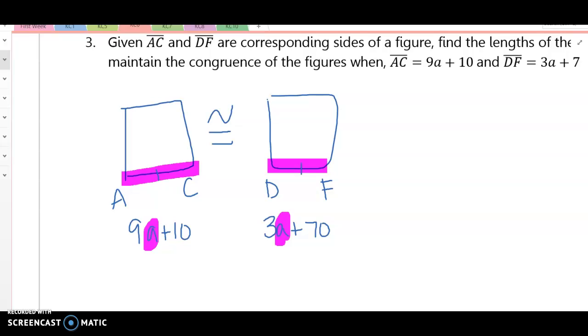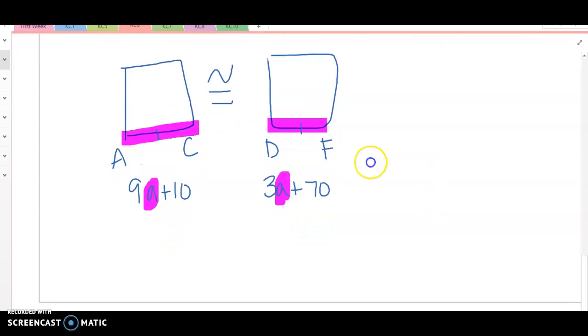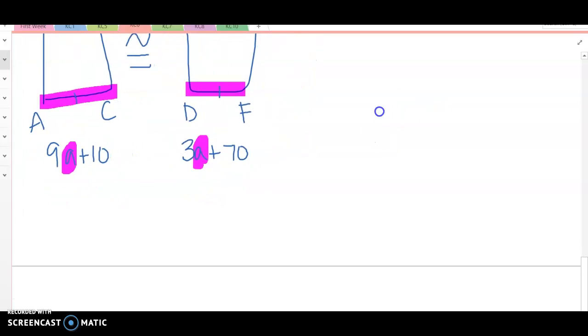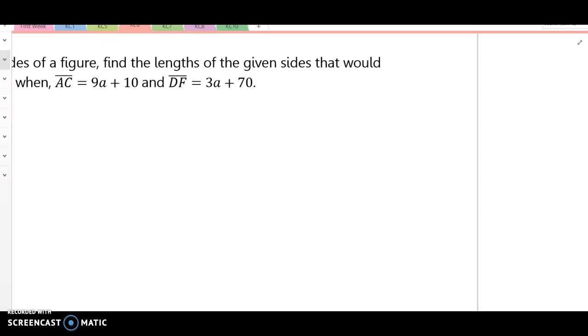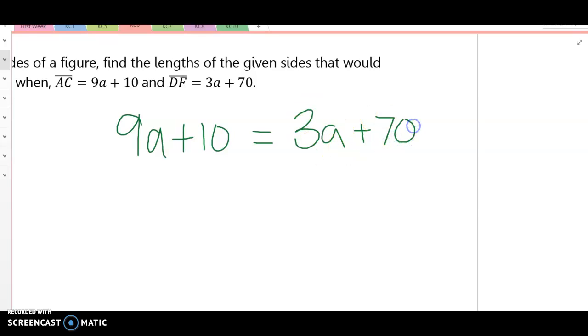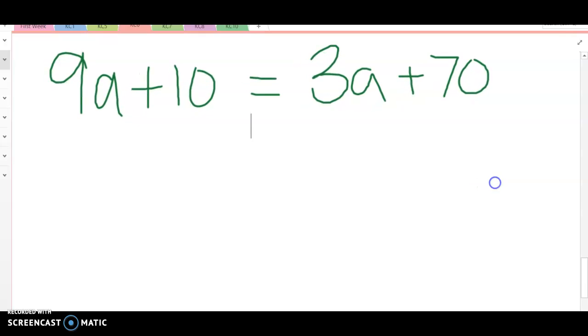If the sides are the same length on both figures, then we can set up an equation where they're equal to each other. So 9A plus 10 equals 3A plus 70. They're congruent, so they're the same.